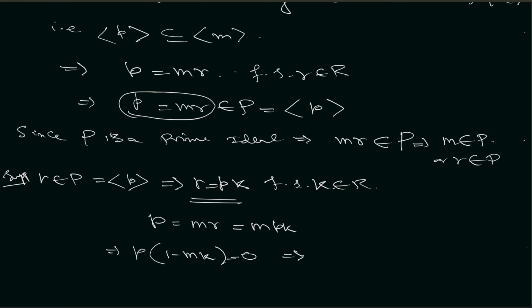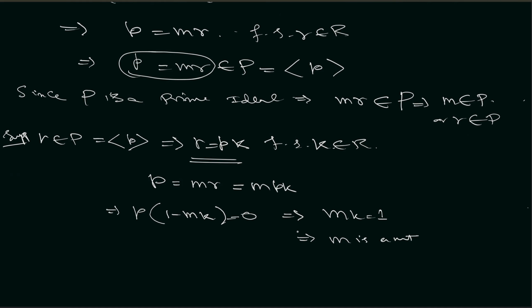Since p is non-zero, this implies mk equals 1. This implies that m is a unit. If m is a unit, that means the ideal contains a unit, so the ideal generated by m is equal to the entire ring R.